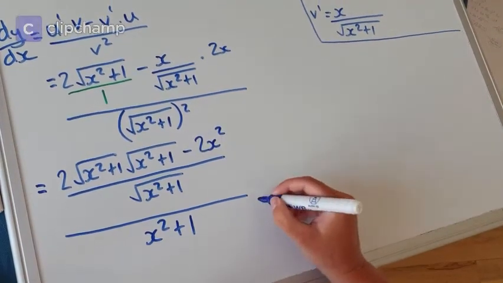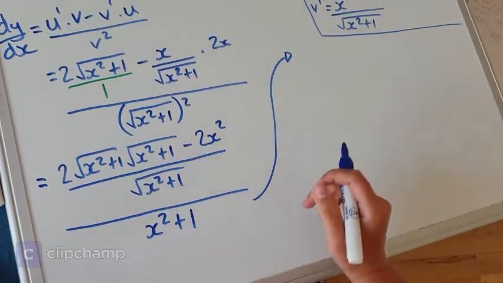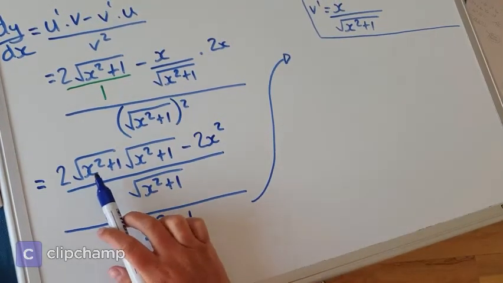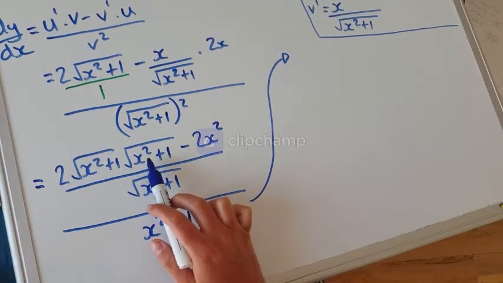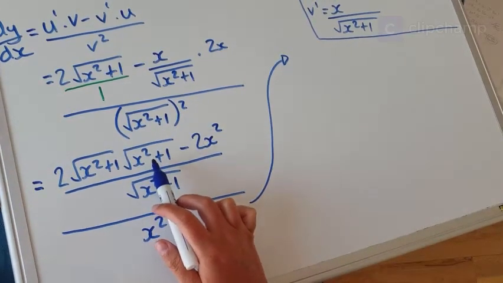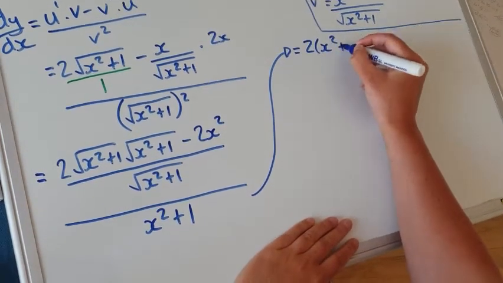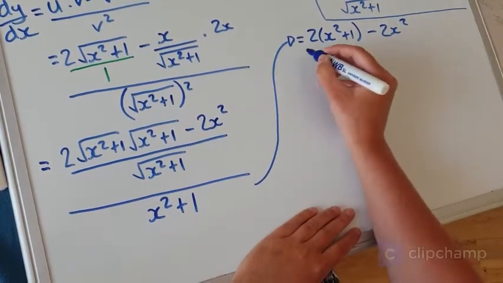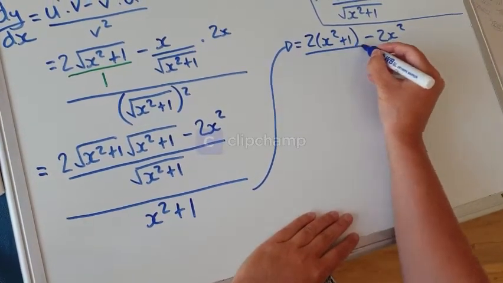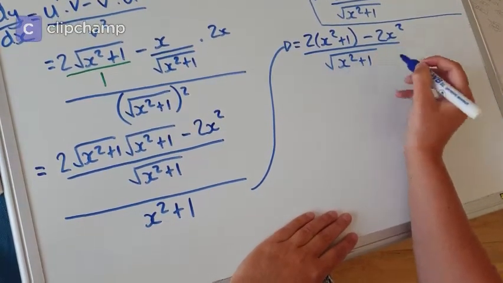Okay. Take it up here to start to tidy it up a wee bit. Again, the root of x squared plus 1 times the root of x squared plus 1 just becomes x squared plus 1 itself. So I've got 2 times x squared plus 1, take away 2x squared on the top here, divided by the root of x squared plus 1.